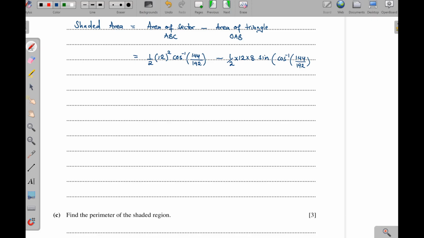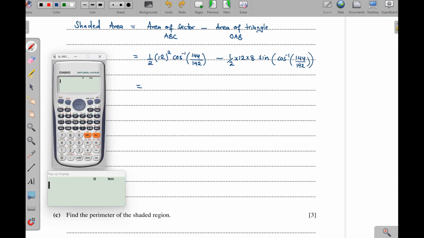So I'm going to put everything in the calculator, and then I get the answer at once. Remember, the calculator has to remain in radians. Now, 12 squared is 144. 144 divided by 2, that will be 72. Then we have the arc cos of 144 out of 192. Okay, I'll close that.